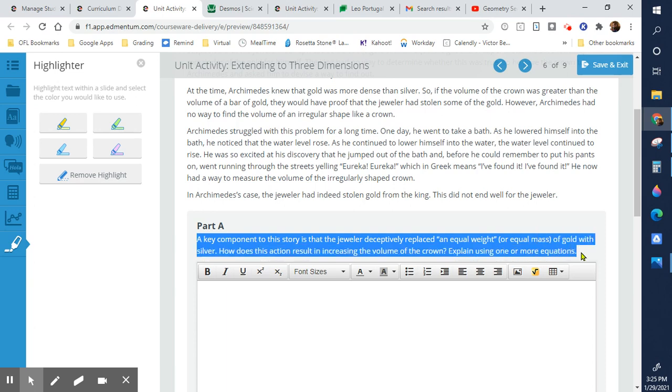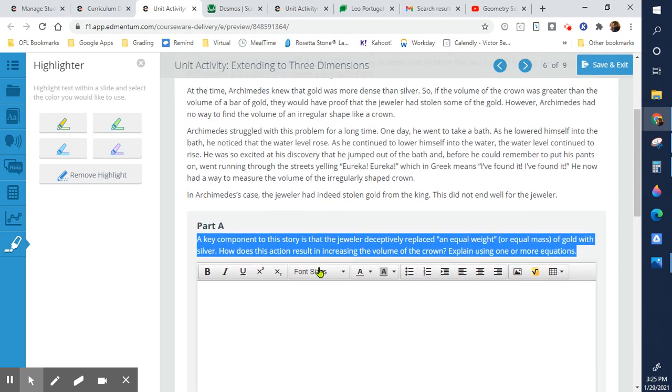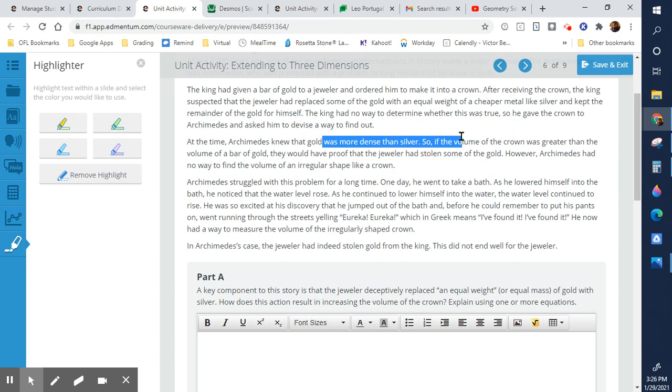So what's the key idea here? Mention that somewhere in there, the idea of displacement. We're also going to be talking about a gold crown. So make sure you're reading all of this and talk about how gold is denser than silver. Keep in mind, if gold is denser than silver, then gold should take up less space per weight.